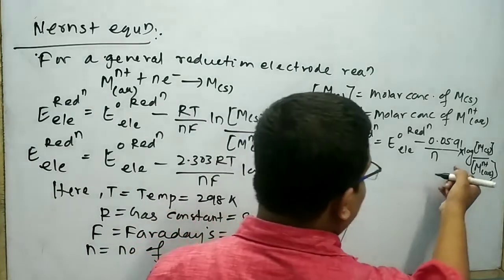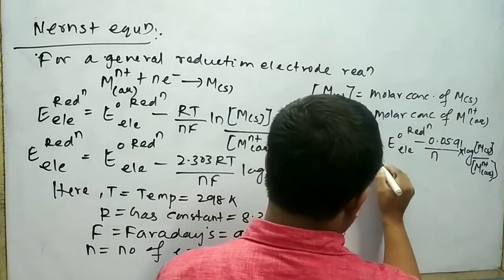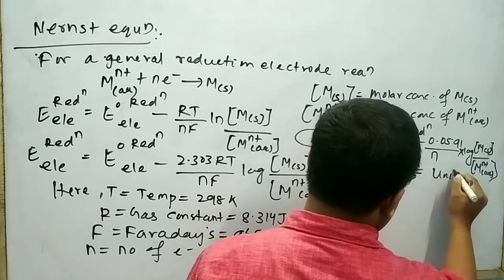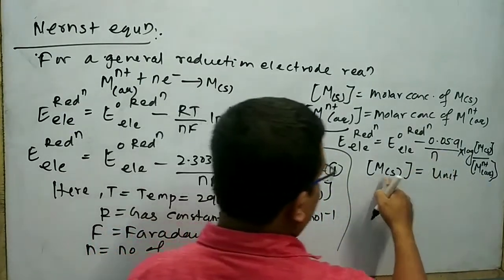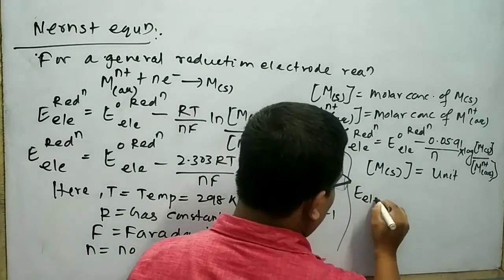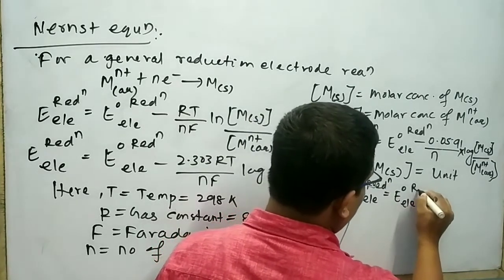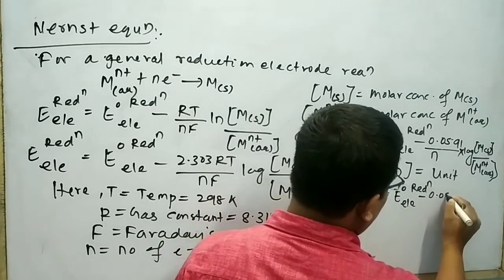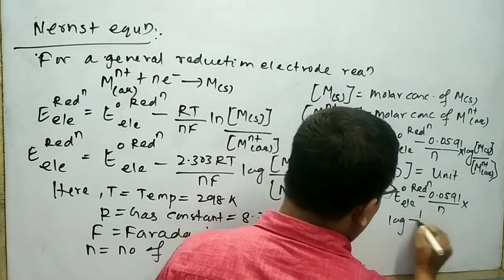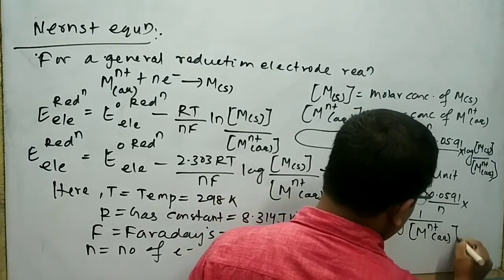We know that the concentration of a pure solid or liquid is unity. So I can write the concentration of M solid equals unity. Now put this value in the equation. Then I can write E electrode reduction equals E0 electrode reduction minus 0.0591 divided by n into log of 1 by the concentration of M^n+ aqueous.